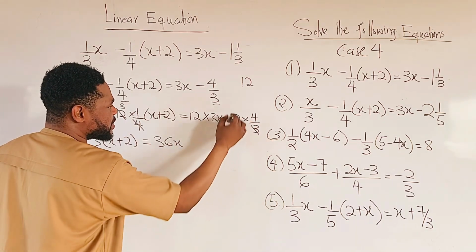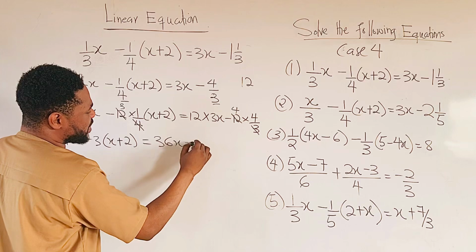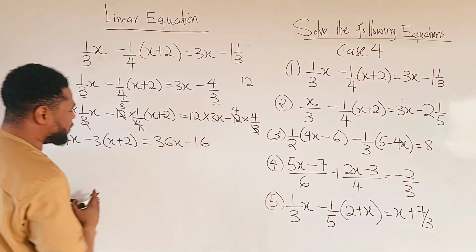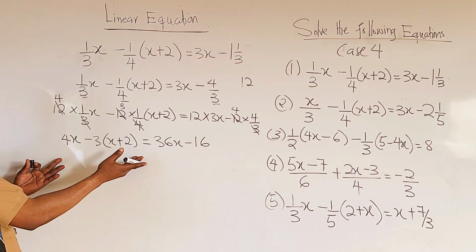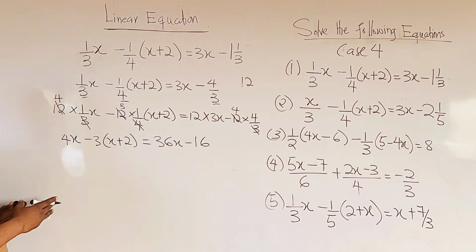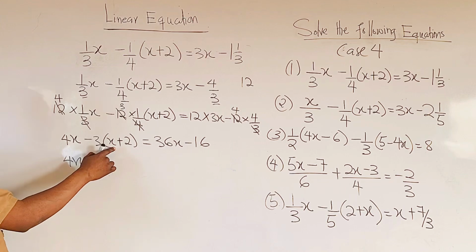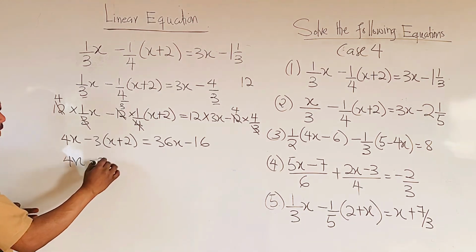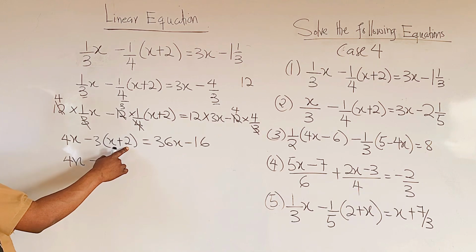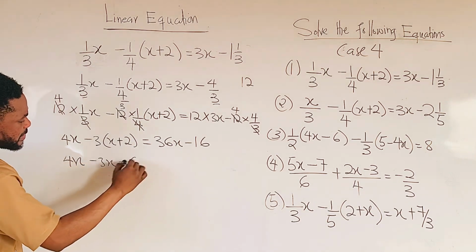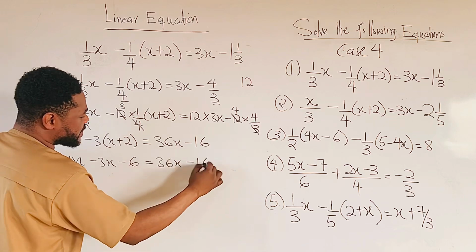This will cancel this, we are going to have 4, and 4 will multiply this, we are going to get 16. So we have -16 here. At this level, there is bracket in the equation, so we expand the bracket. So we have 4x here, -3 will multiply x, so we have -3x. -3 will multiply +2, and we are going to have -6 equal to 36x minus 16.